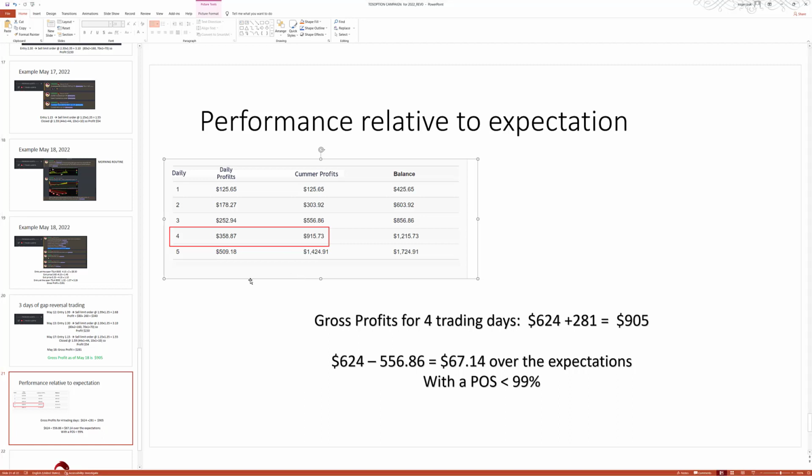Okay, so tomorrow, knock on wood, we get a nice gap, and I'll try to open up a trade so that I can finish off the first week of the campaign with a profit total of $1,424, and that should be good for Thursday, and then I'll do it again on Friday.